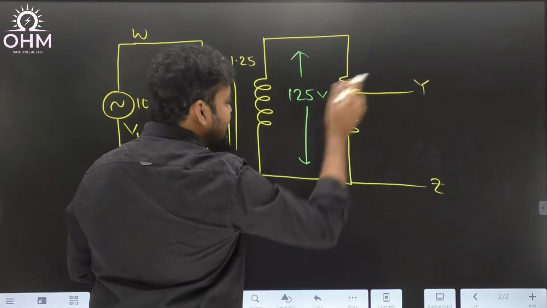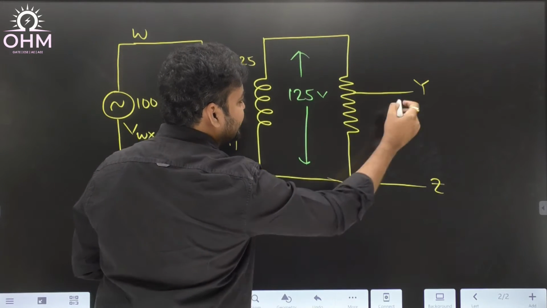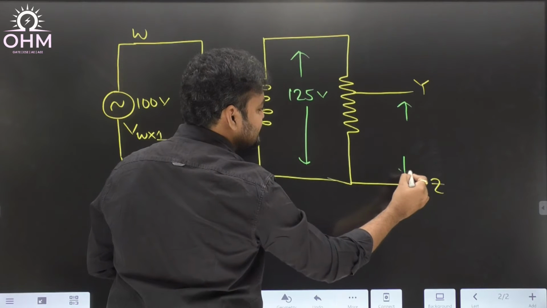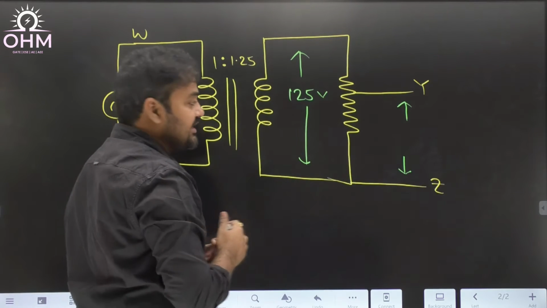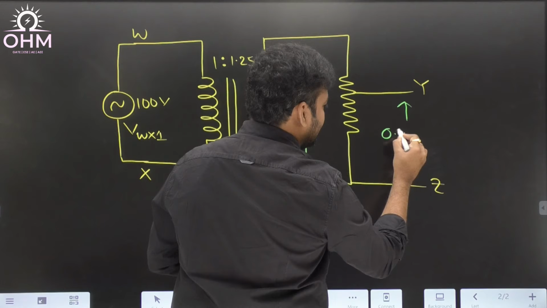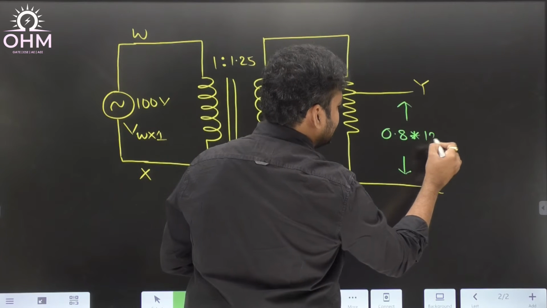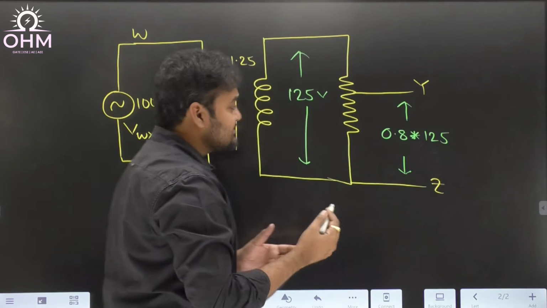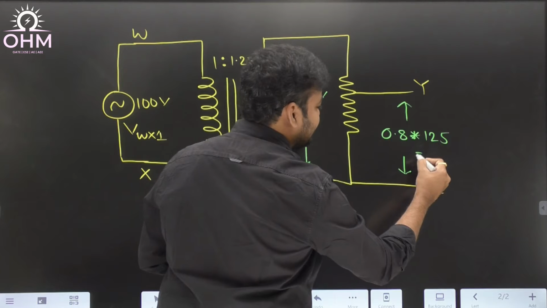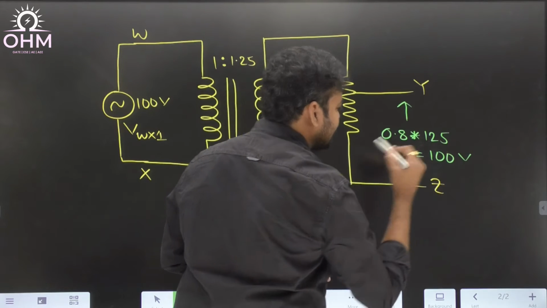But there was an 80% attenuation. Out of this 125, how much will appear across the YZ terminals? Because the attenuation is 80%, the output voltage is 0.8 into 125, which is nothing but 100 volt only.